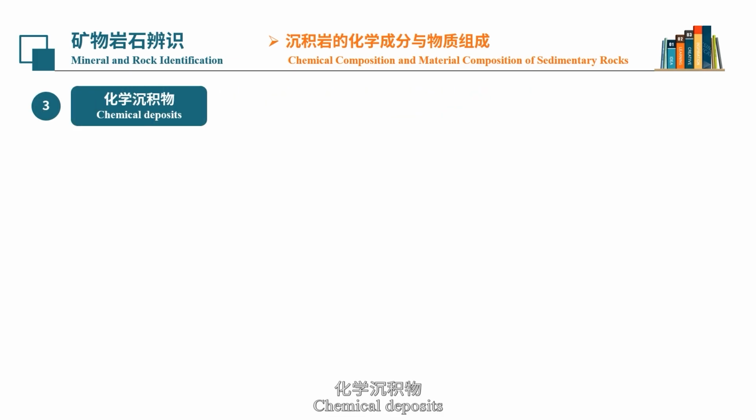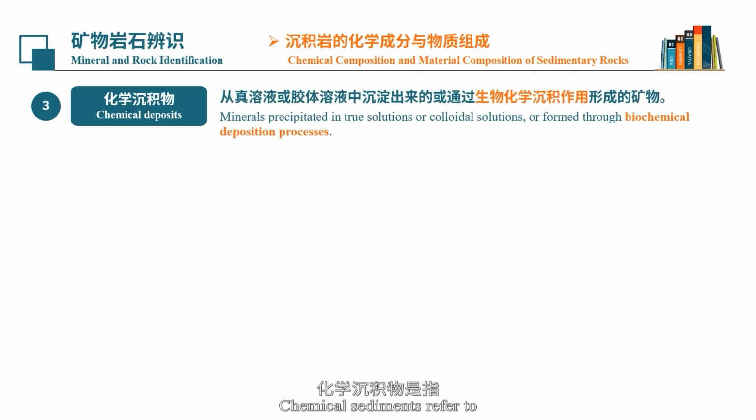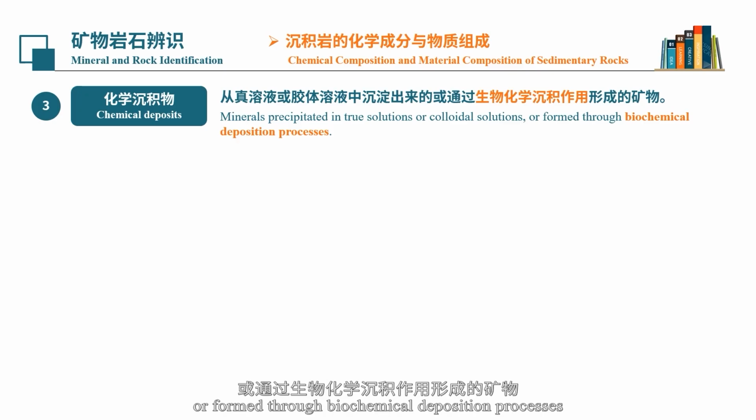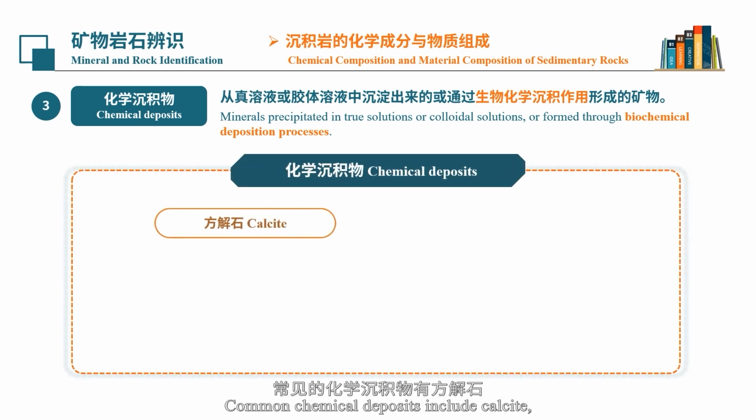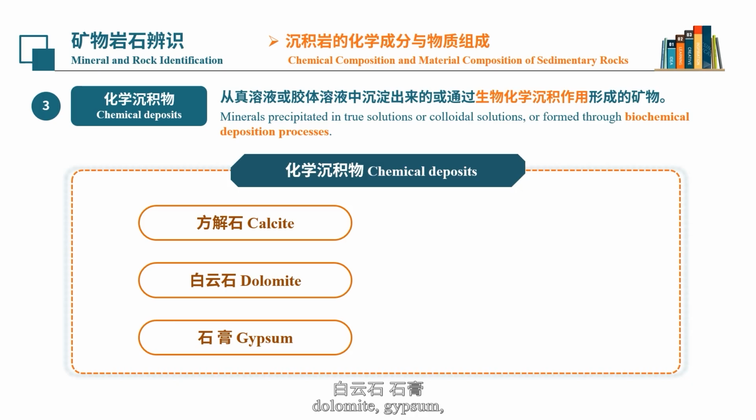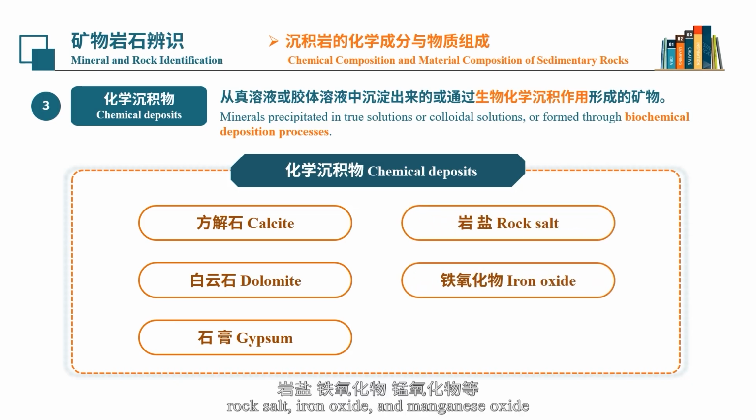Chemical deposits. Chemical sediments refer to minerals precipitated from true solutions or colloidal solutions, or formed through biochemical deposition processes. Common chemical deposits include calcite, dolomite, gypsum, rock salt, iron oxide, and manganese oxide.